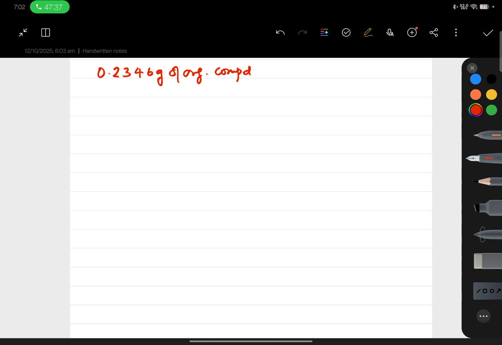Okay, so it contains carbon, hydrogen and oxygen, they said. Combustion gives 0.2754 grams of carbon dioxide. Correct?